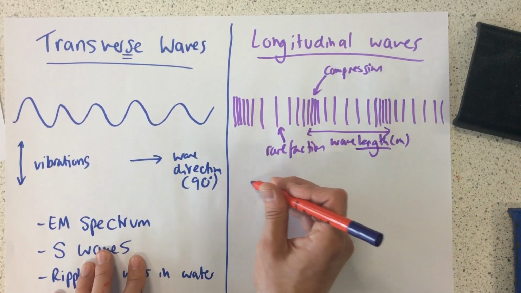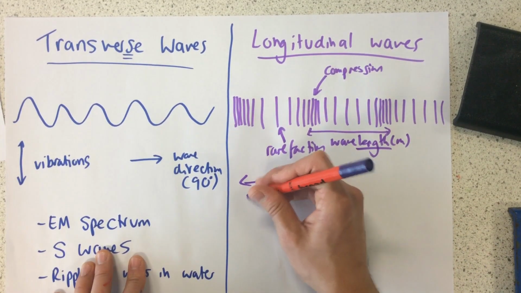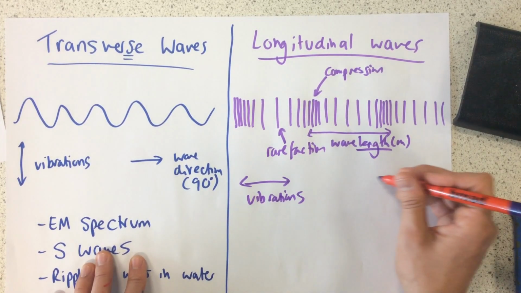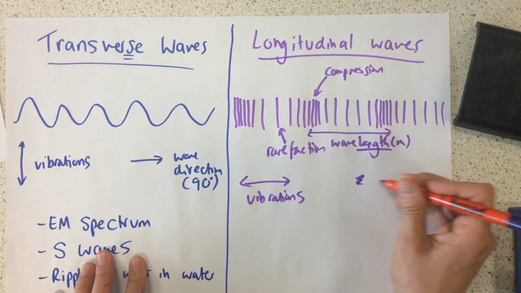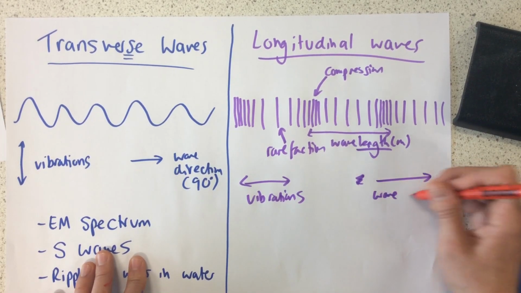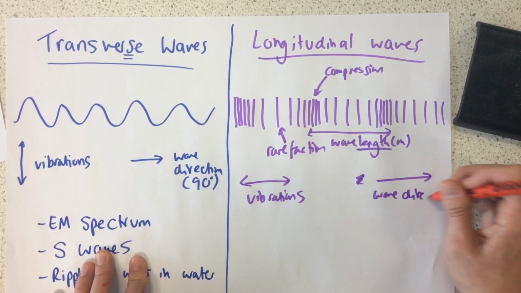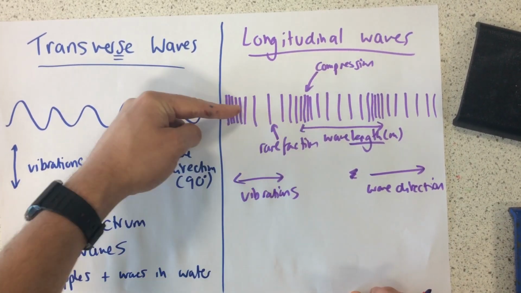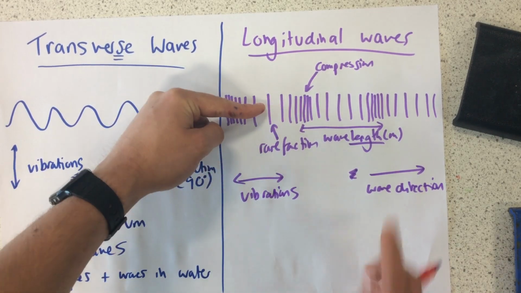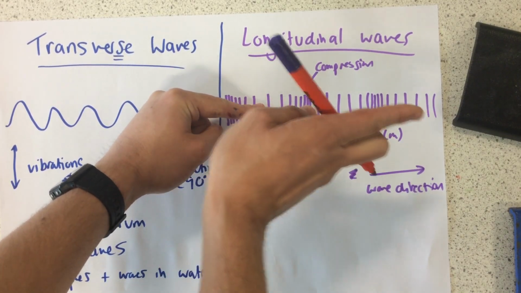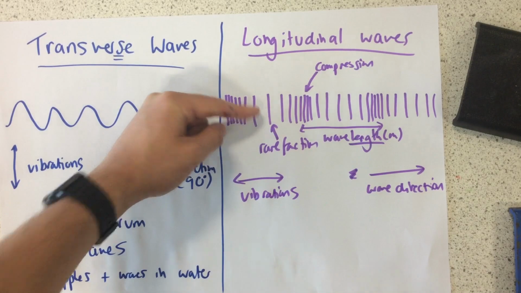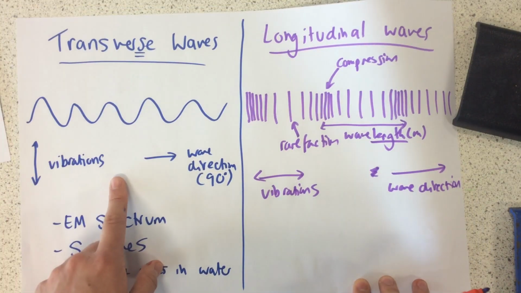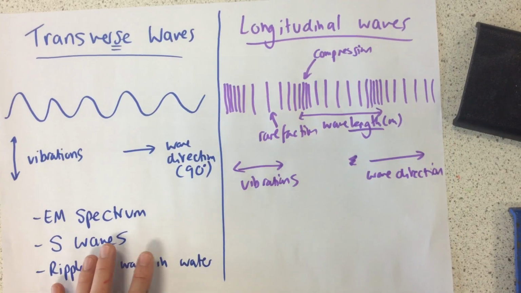Another big difference is that in longitudinal waves, the direction of the vibrations is in the same direction as the wave travel, or the wave direction. So the vibrations in a longitudinal wave go forwards and backwards like this, and the wave travels that way as well, so the energy is transferred that way. So we can see it's completely different from transverse waves, where the vibrations are at 90 degrees.